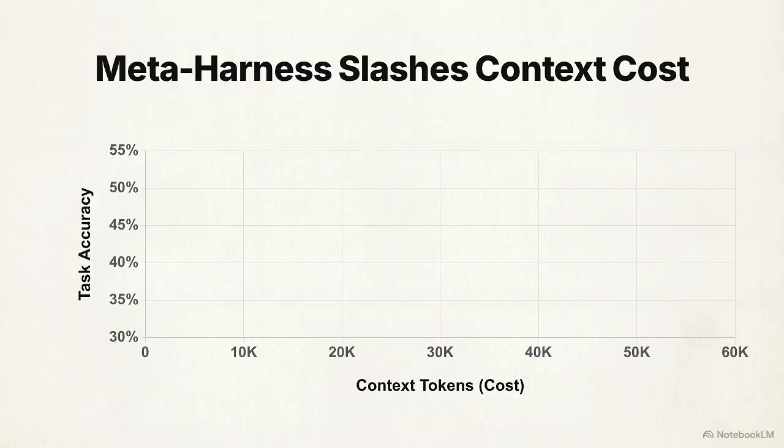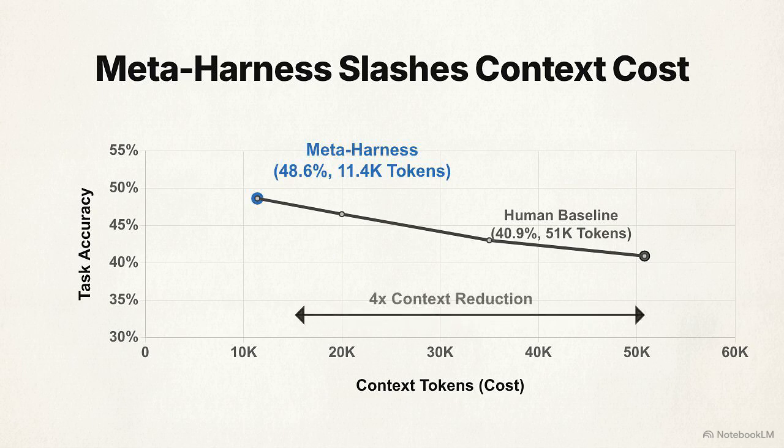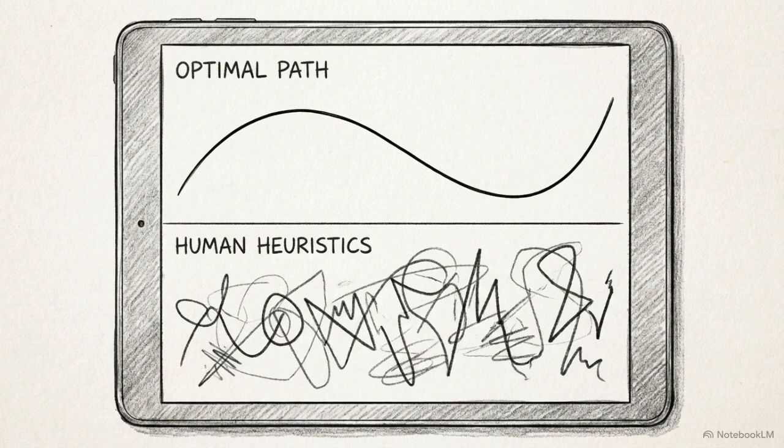This plot illustrates the Pareto frontier, showing the trade-off between task accuracy and context token cost. Meta-harness establishes a position high on accuracy and strictly low on cost, utilizing 4 times fewer context tokens than the human baseline. Agentic algorithmic search redefines the efficiency frontier of context management beyond human heuristics.